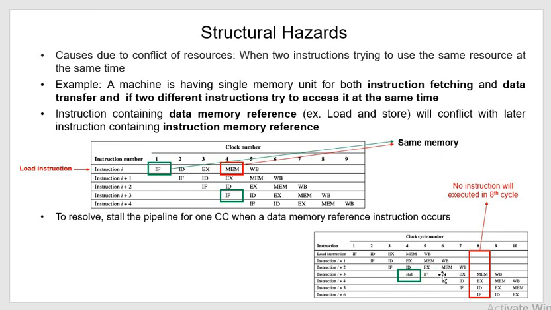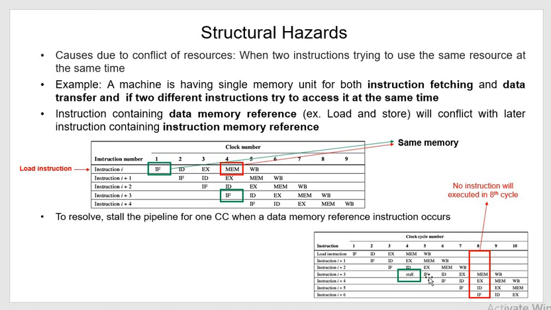Okay, so if we look at what will happen to the execution of the program, the first instruction will be executed after the fifth cycle, the second instruction after the sixth cycle, and the third instruction after the seventh cycle.